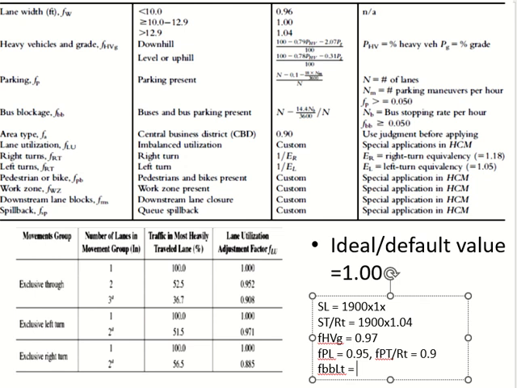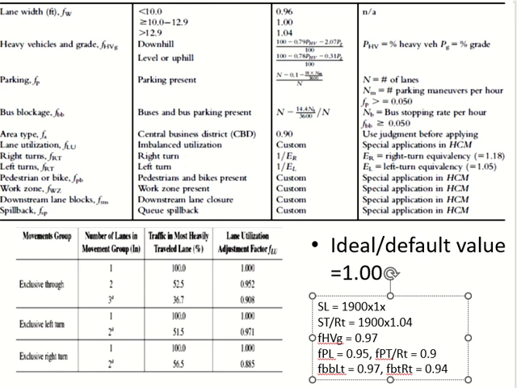For which one? Left turning? 0.97. The next one is a factor for area type, only to be used if it is a central area. It is not a central area, so we will ignore this factor.